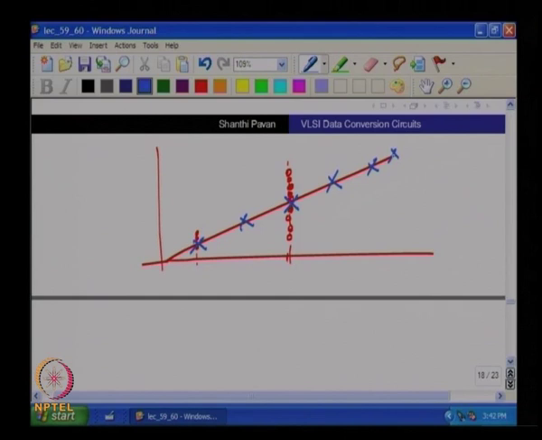Okay. So, based on this observation, a whole bunch of schemes came up.